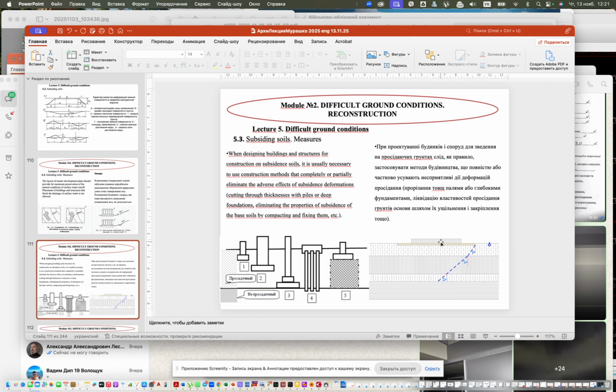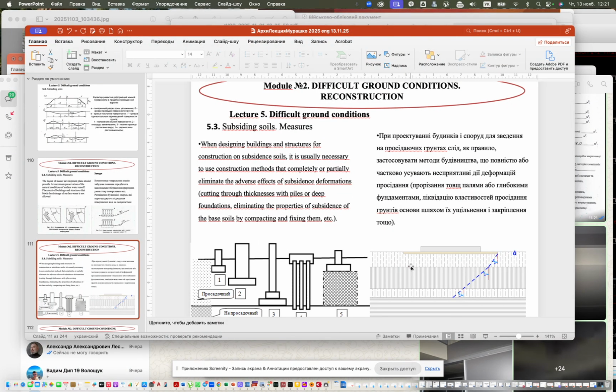So here is the foundation, and in this case it's 4 meters from the edge of the foundation. And here, you can see this lime layer. It's lime which is compacted by heavy materials, and it protects the ground under my foundation from water leakages.